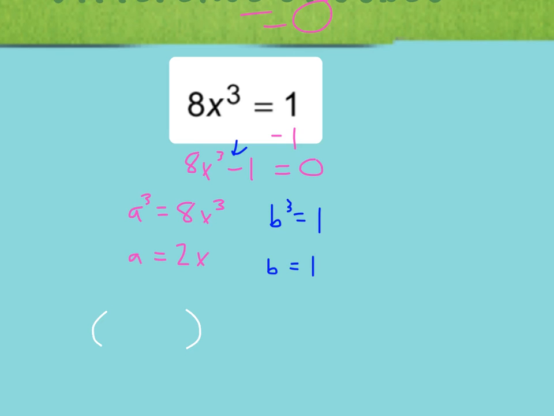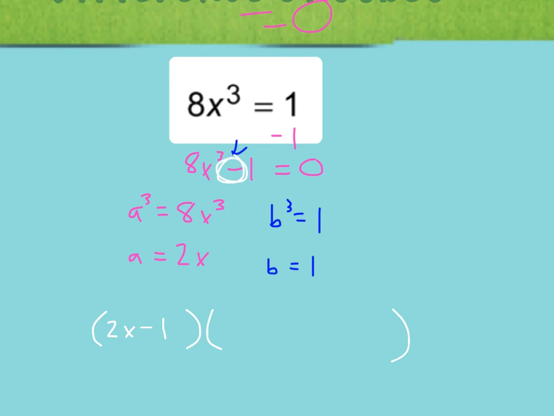So how would we write a minus b? For difference of cubes, it's subtracting. So you have to look at the second formula on that page. Awesome, 2x minus 1. So just remember, the formula for difference of cubes when you're subtracting your cubes is different than when you're adding them. It's the same formula, just the signs are different. So you got to be careful with the signs.